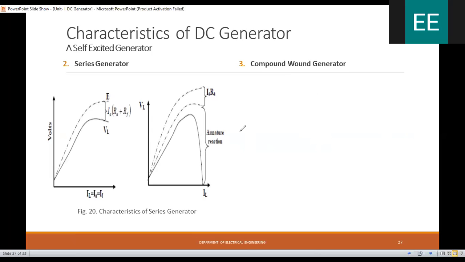See, in case of DC series generator, you people know the circuit diagram of DC series generator.